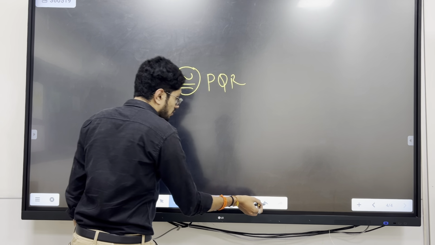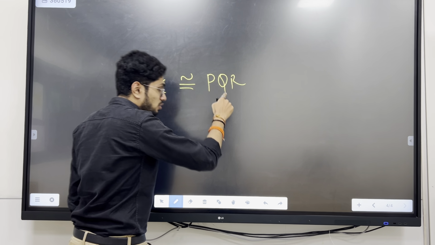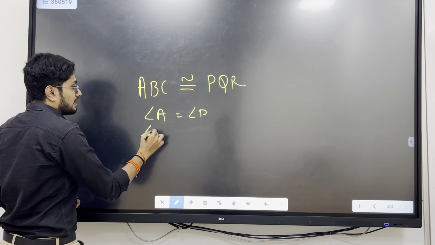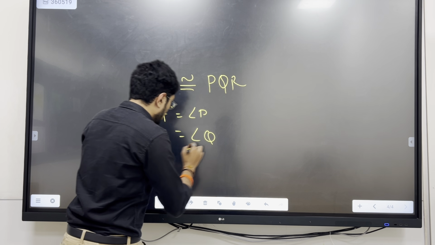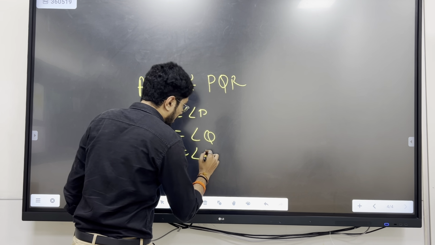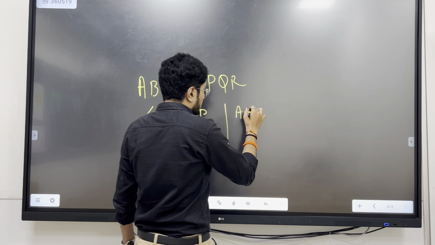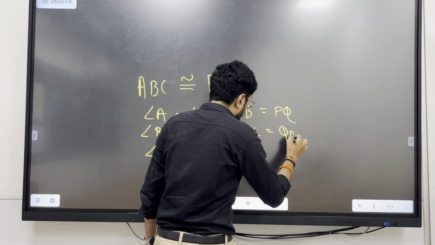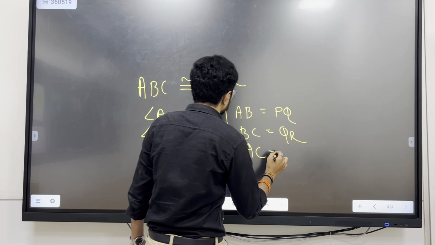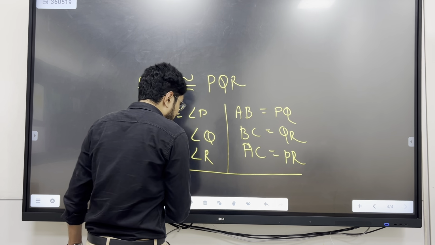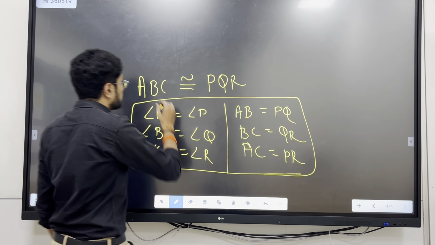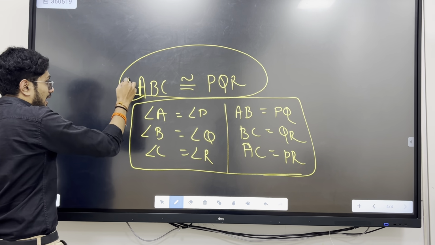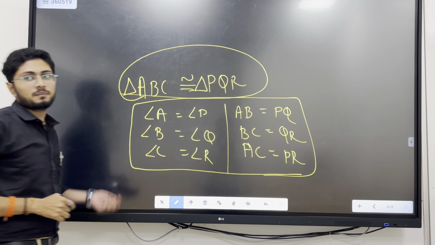It means angle A equals angle P, angle B equals angle Q, angle C equals angle R, as well as AB equals PQ, BC equals QR, and AC equals PR. That is my conclusion for ABC congruent to PQR, and for this the triangle mark is very important.